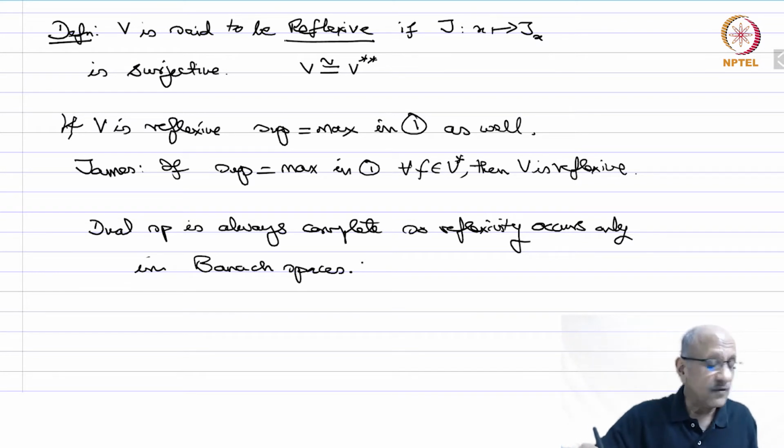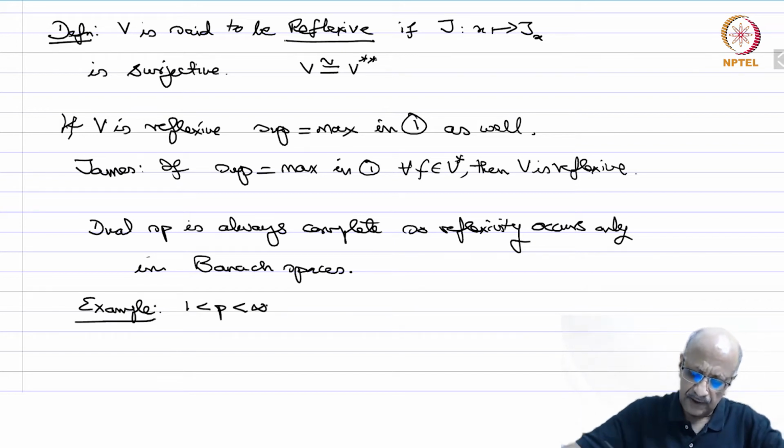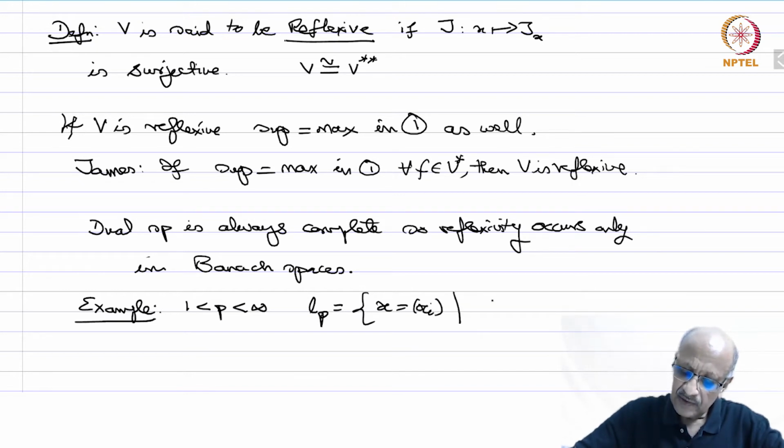So now let us give an example of a reflexive space. Example: let 1 < p < infinity, and then you look at little lp, which is the set of all x which are sequences xi, such that (sigma mod xi power p) whole power 1 by p is finite.